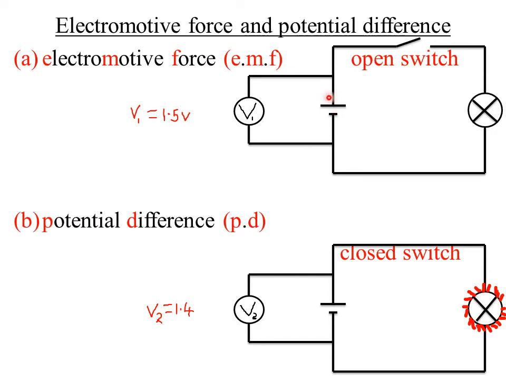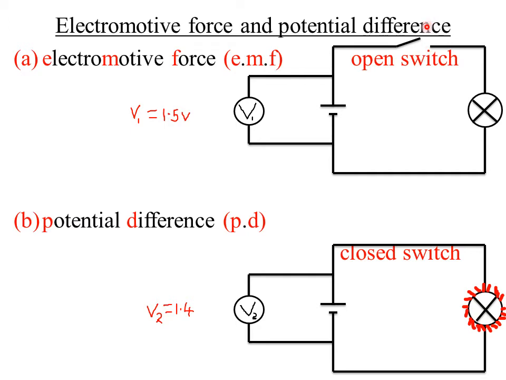The voltage across the terminals of a cell when it is not supplying any current in a circuit is what we are calling electromotive force. Then we can also define electromotive force as the voltage across the terminals of a cell in an open circuit, the voltage across the terminals of a cell when the circuit is open.